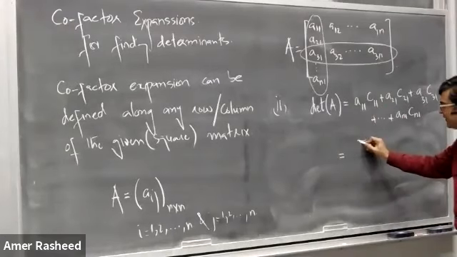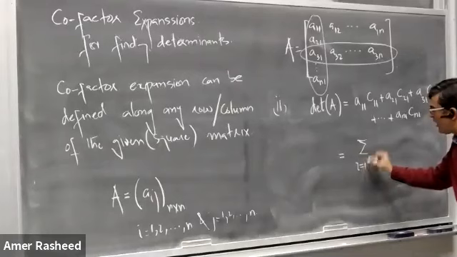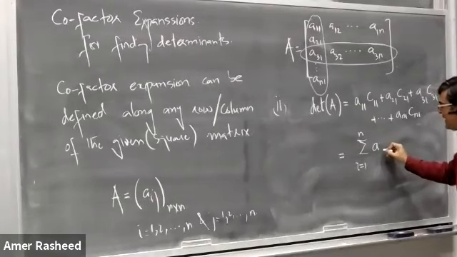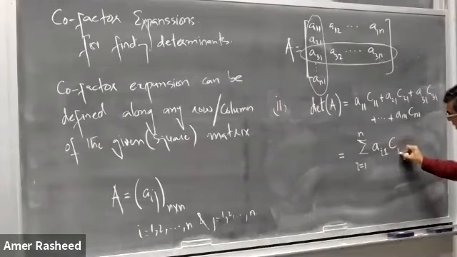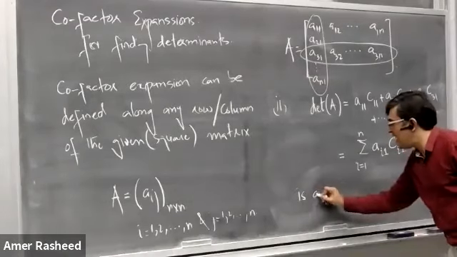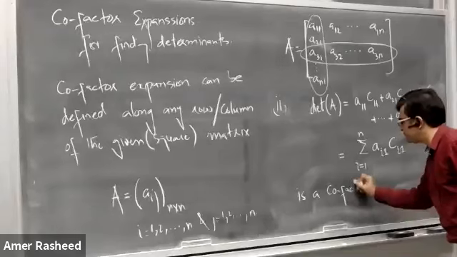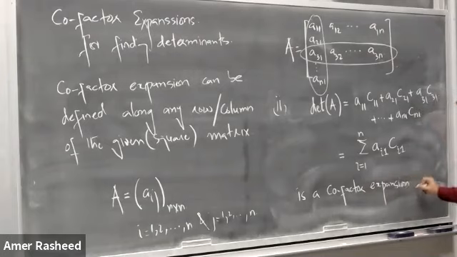Now, how do we define it? Now, sum will vary on ith index. So I from 1 to n, Ai. Now the column is fixed. Column is what? 1. Ci1. So this is how we define the cofactor expansion along the first column.